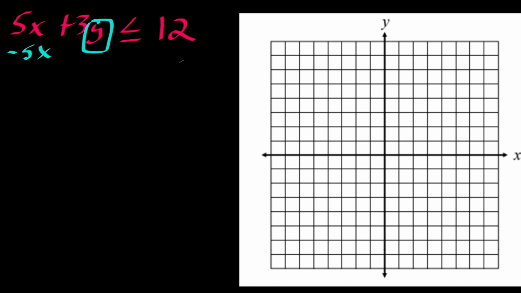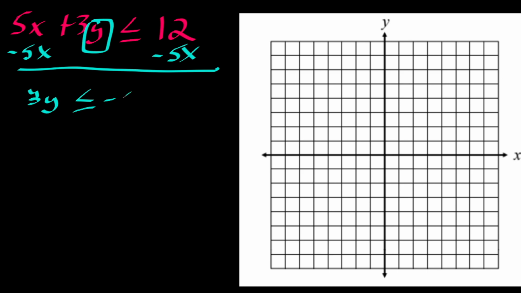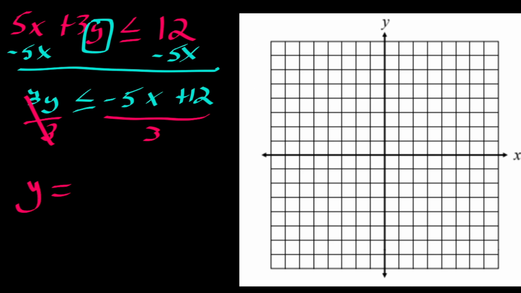So we would subtract 5x on both sides. Then we would have 3y less than or equal to negative 5x plus 12. Now I would divide by 3 on both sides, and I'm going to divide everything by 3. So I end up with y less than or equal to negative 5 over 3x plus 4, because both of these terms are divided by 3.